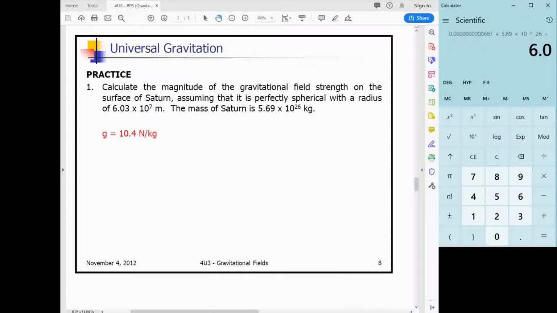So 6.03 squared, divided by 10 to the power of 14, because 7 squared would be 14. It gets us to 10.4. Looking back at the question, we have 6.03, we have 5.69, so 3 significant digits. We used 6.67 for G, so that was 3 significant digits, so we report our answer as 10.4 newtons per kilogram.